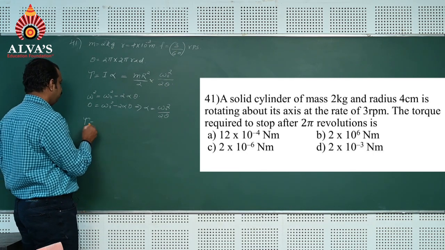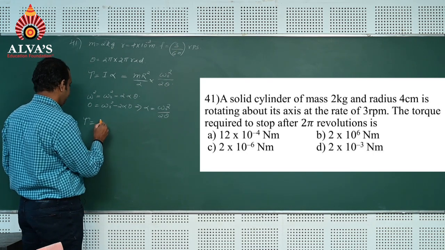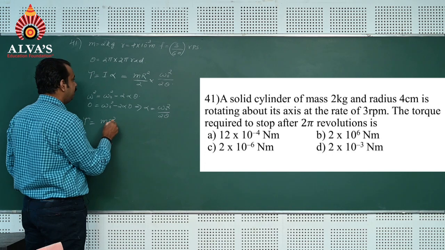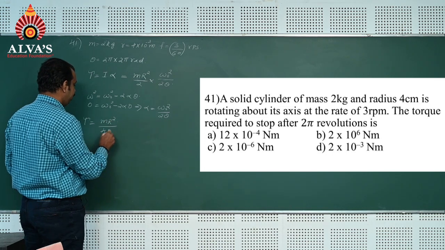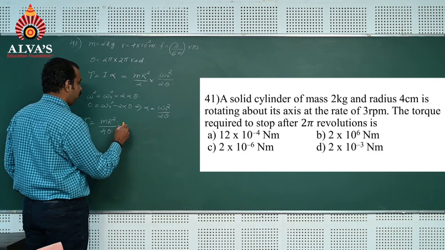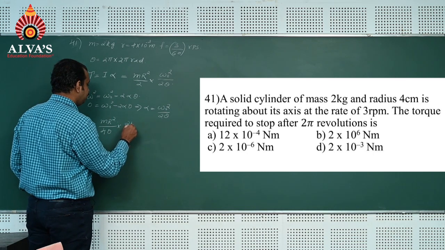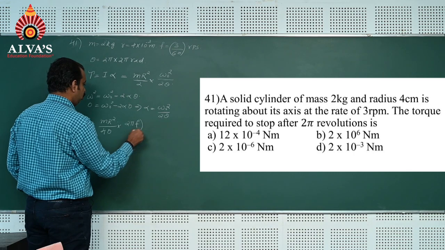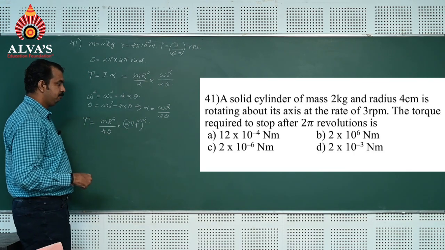Now torque tau is equal to m r square divided by 4 theta into omega naught square. Omega naught square means 2 pi f of whole square.